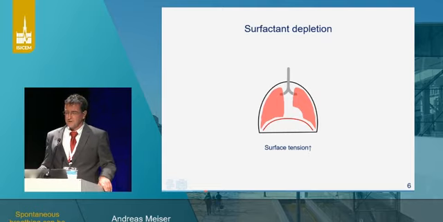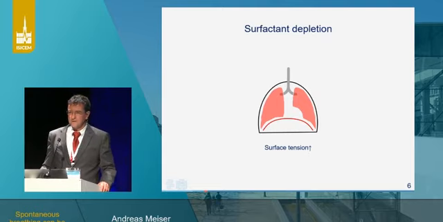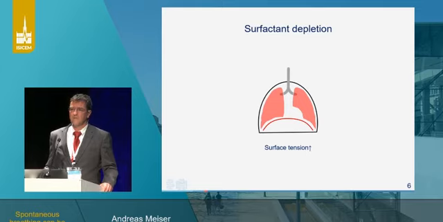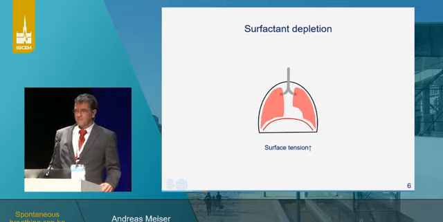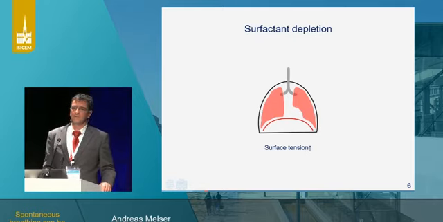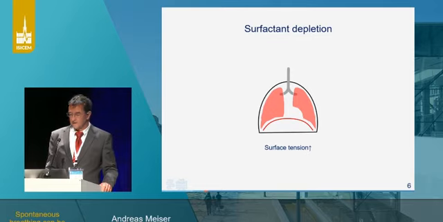The pathophysiology of ARDS can be reduced down to one single molecule, surfactant, a big invention in life. It enabled life on land. Without surfactant, we could not be here. When surfactant is depleted or destroyed, the surface tension of the alveolar lining increases dramatically.